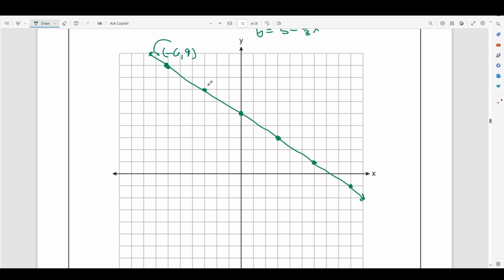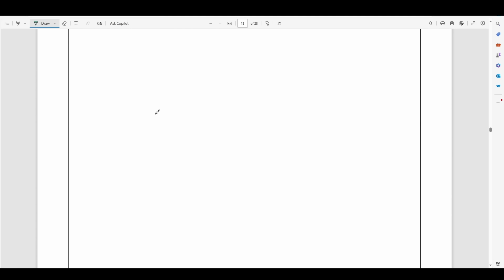Right, so because the point is on the line, it has to be a solution. Pretty much when they ask you for a solution for the graph, it's any single point that lies on this line that you just drew. Cool. So if it's a point on the line, it's a solution.